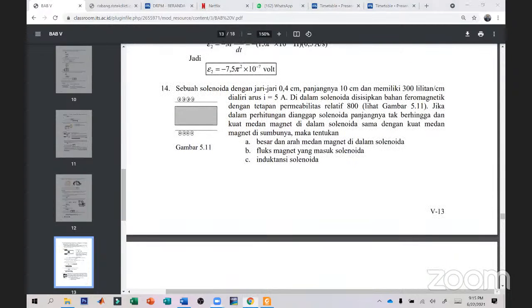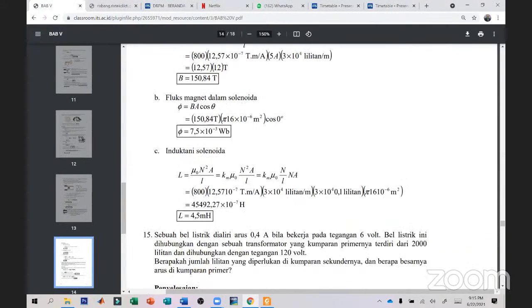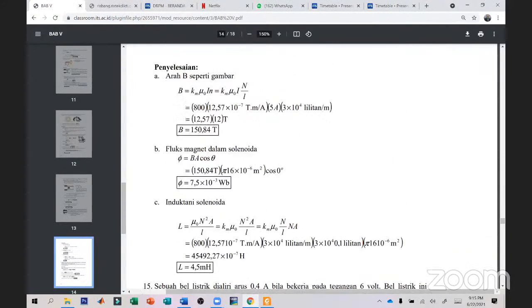Nah, ini juga pelajari. Jangan bosan-bosan menulis ulang ya. Jadi di sini walaupun ada solusinya, tapi Anda harus menulis ulang. Kalau enggak gitu nanti enggak bisa paham ya. Ini sudah saya ajarkan bagaimana menghitung di luar ada solenoid panjang, di dalamnya ada solenoid kecil. Silakan dihitung ulang ya.